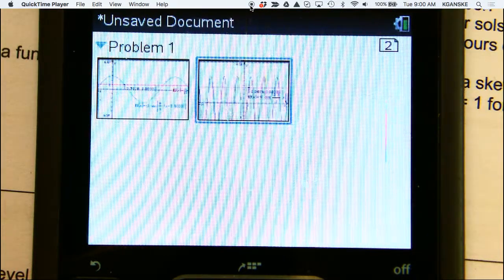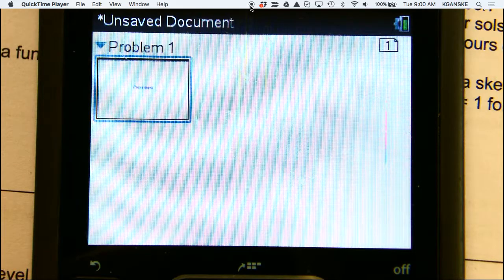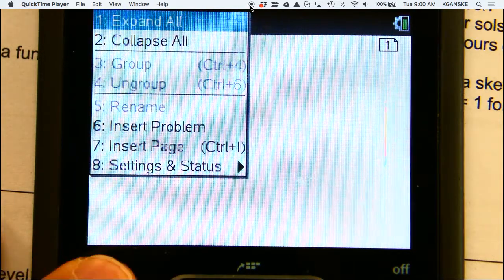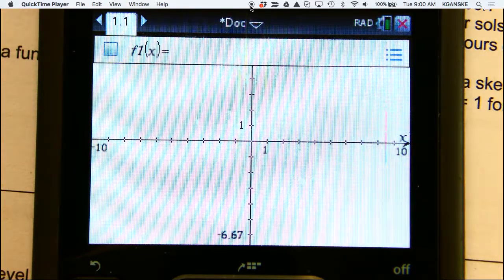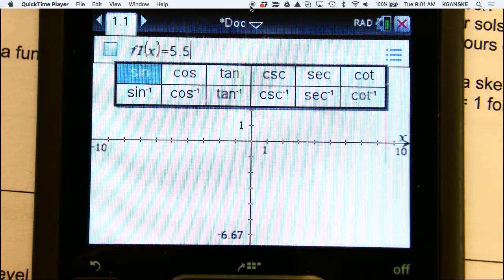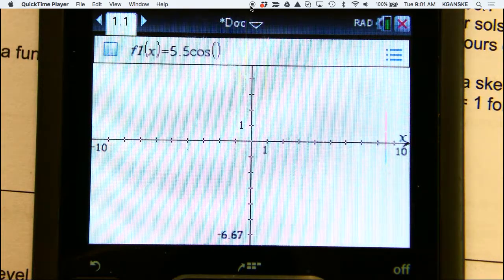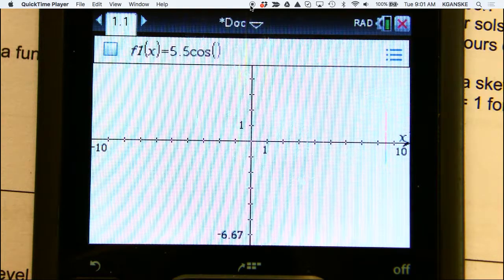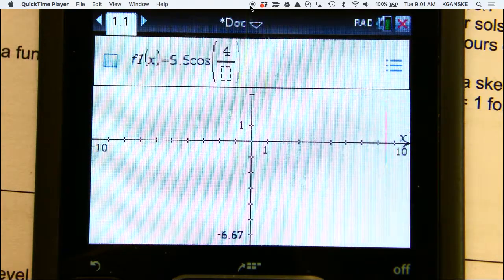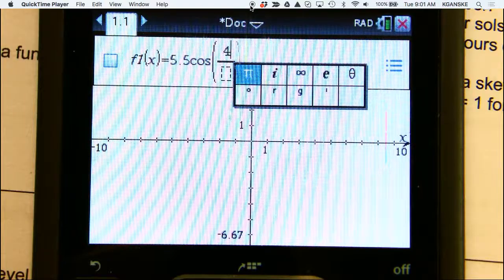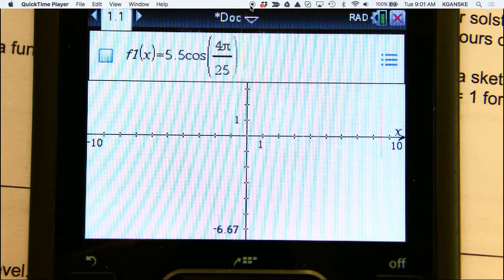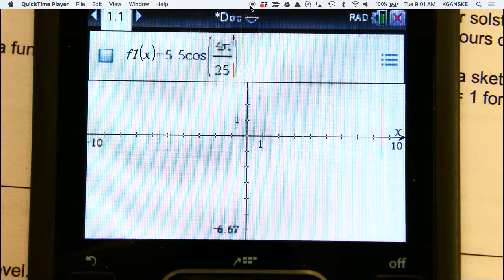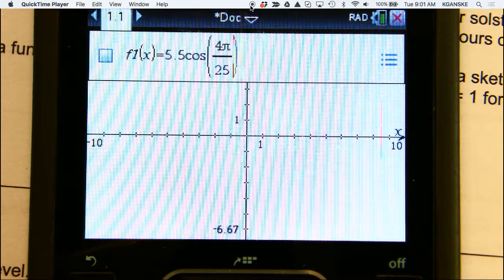So let's get rid of these. Okay, and let's dump that in. So I had 5.5 cos of 4 pi over 25, and then, yeah, like James, this is where the bracket has to go on the inside here, right?